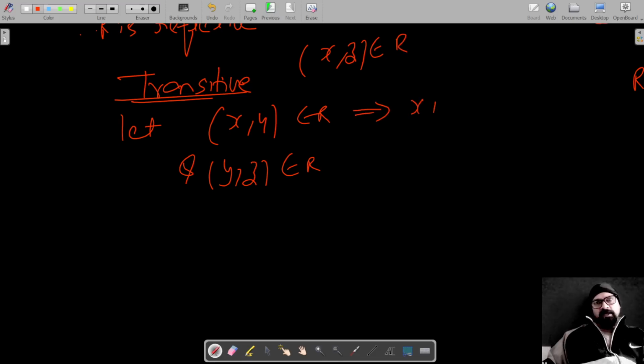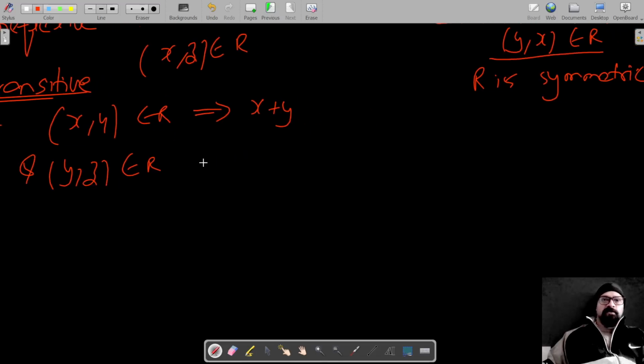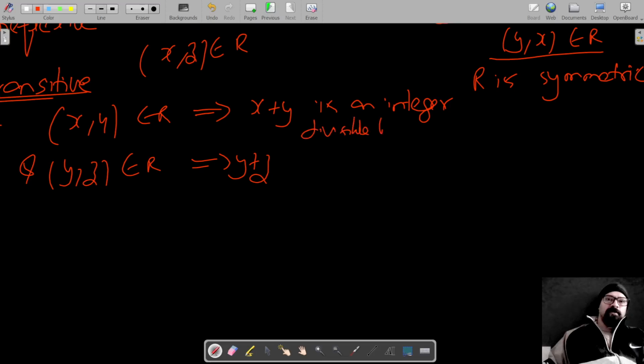So this gives that x plus y is an integer divisible by 2, and y plus z is also an integer divisible by 2.